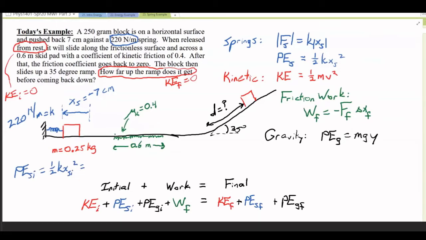Let's see here. So this is 1/2 times 220 times 0.07 quantity squared.